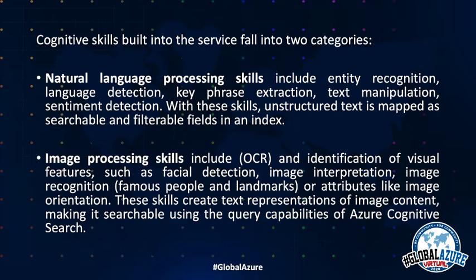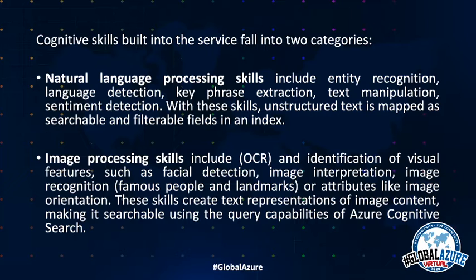So the idea is that the structured text that you obtain from PDF files, for instance, is mapped as searchable and filterable fields in an index. The service extracts the text and puts it over an index, so now it is searchable.